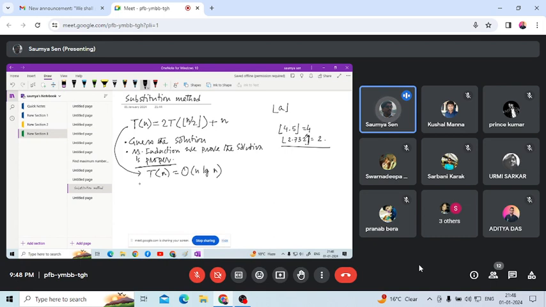We assume it is the solution. What does it mean? That means by the definition of big O, there exist two positive numbers C and N0 such that T of n is less than or equal to C into n log n. It is by the definition of big O. We already defined that definition.